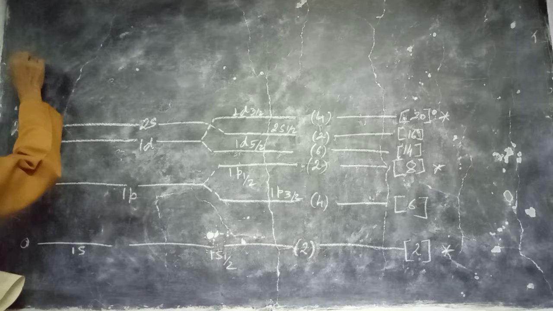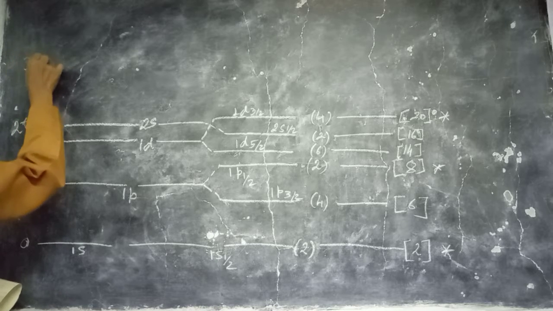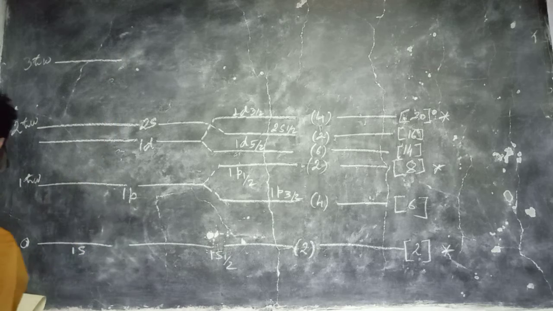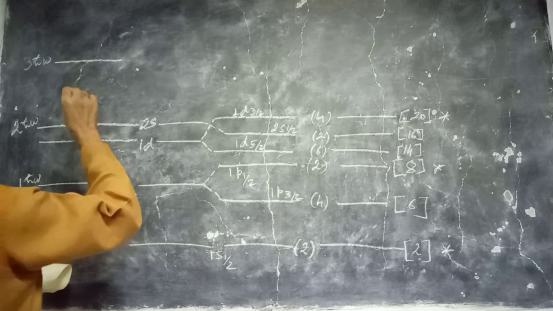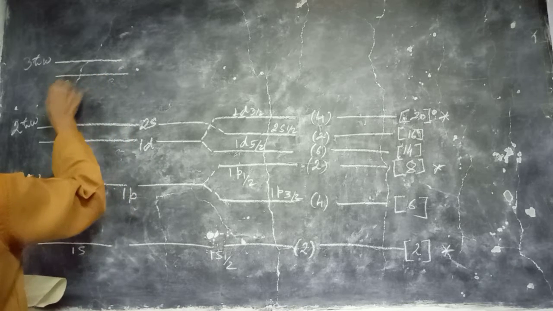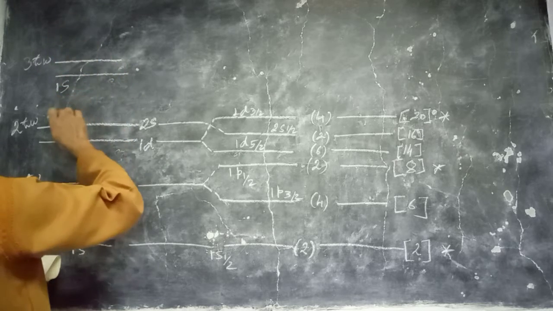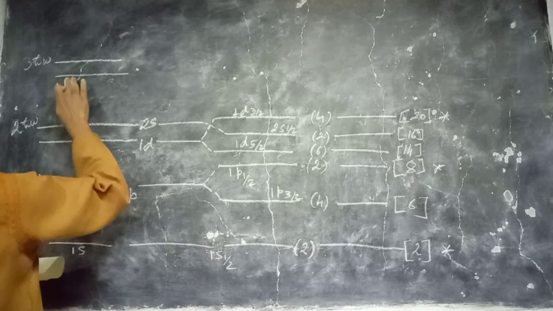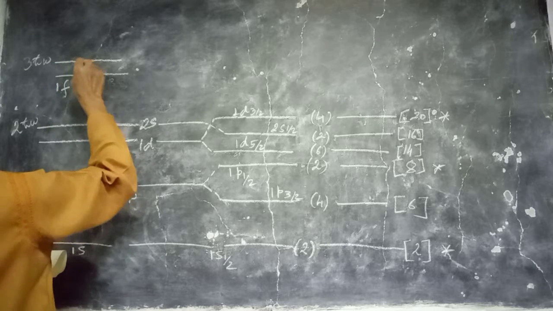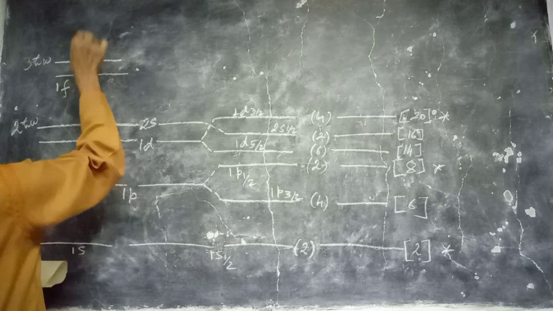Then you get here 3ħω. Here you get 1f and 2p.